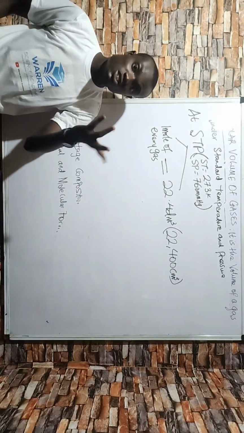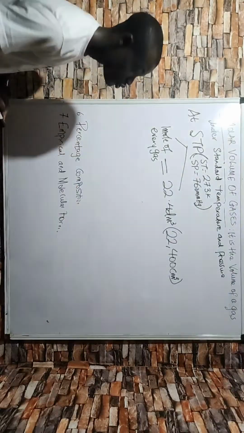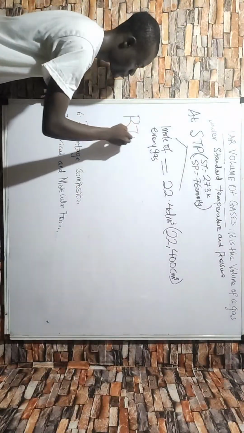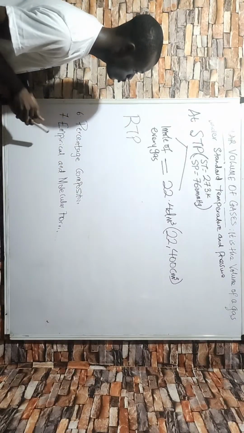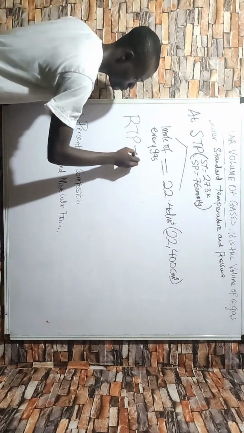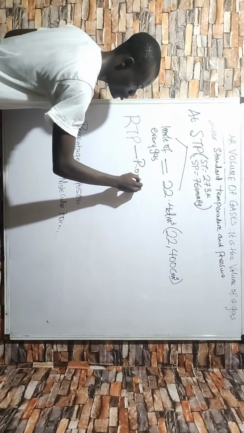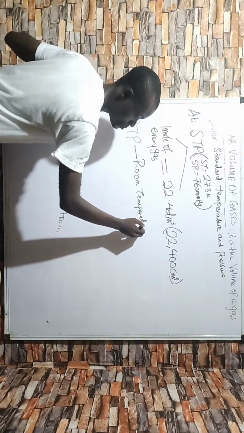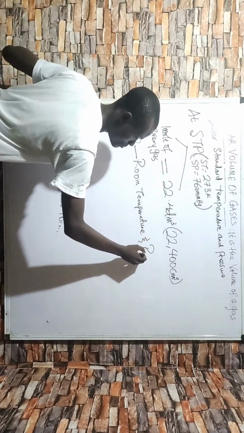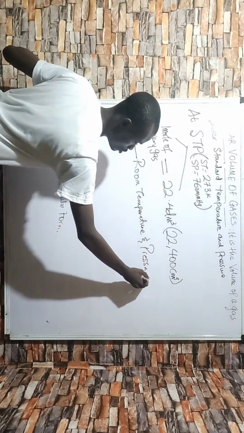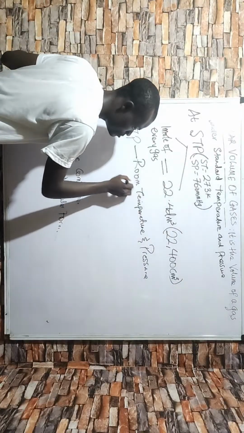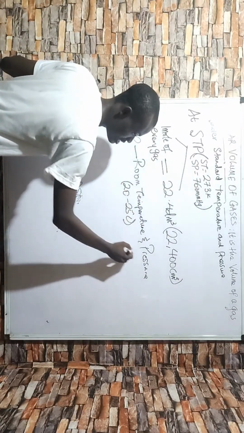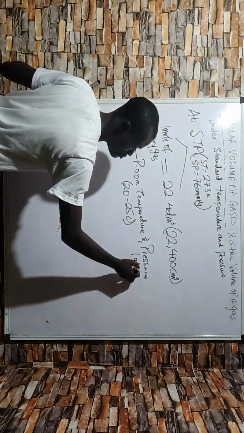Now, something that is also very important is what we call room temperature and pressure, RTP. Room temperature is usually a range between 20 to 25 degrees Celsius, and room pressure is usually at 1 atmospheric pressure.